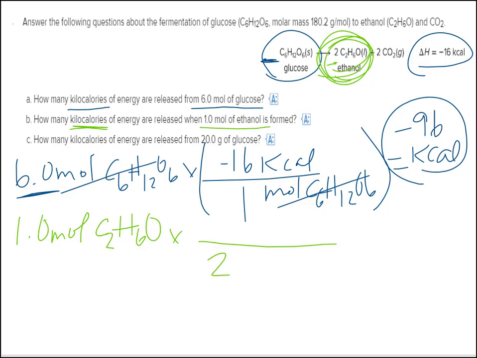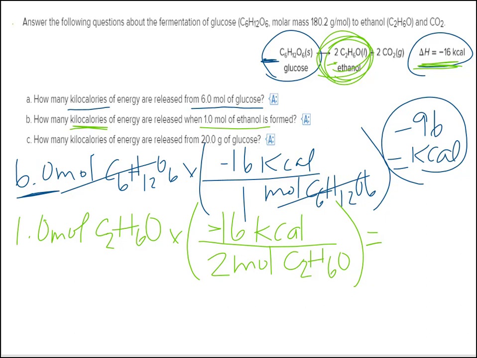I'm going to say 2 moles of C2H6O. And again, we're using the same delta H, negative 16 kcals. And when I do this math, so if I do 1 times negative 16 divided by 2, I should get negative 8. And I need 2 sig figs, so I'm going to say negative 8.0 kcals.